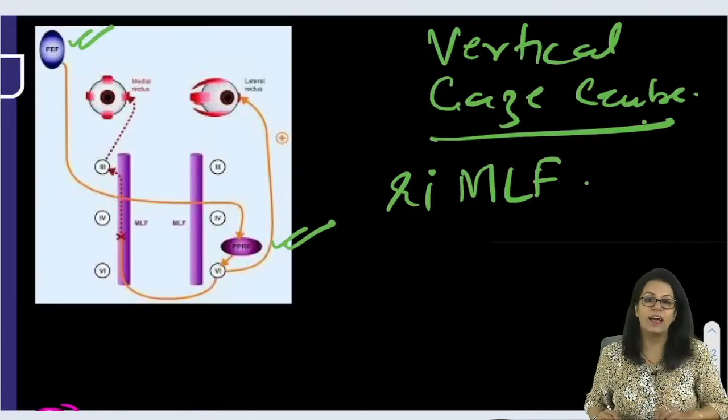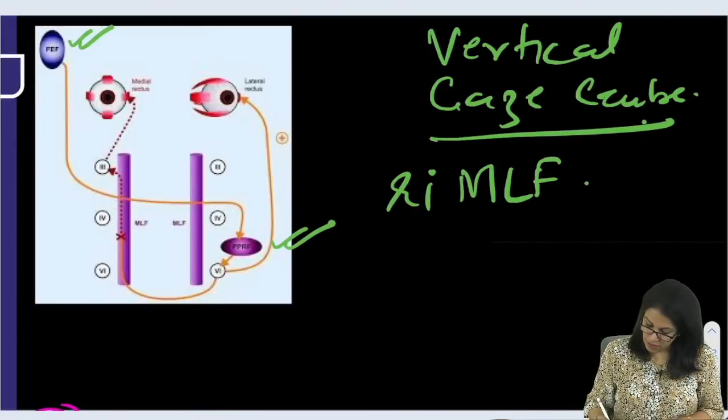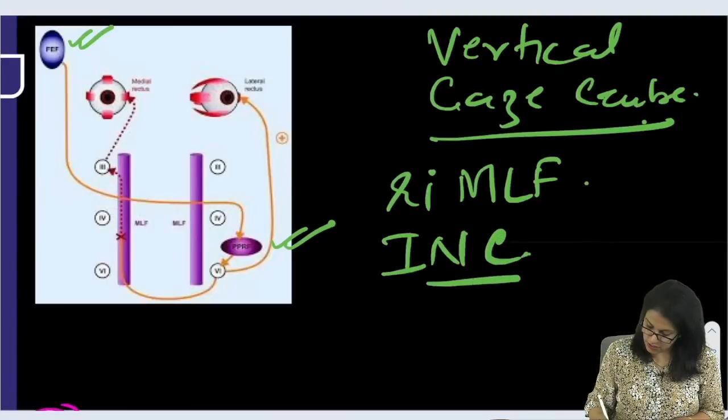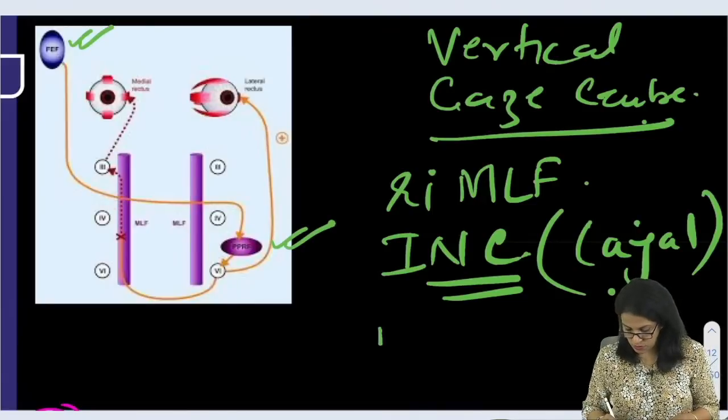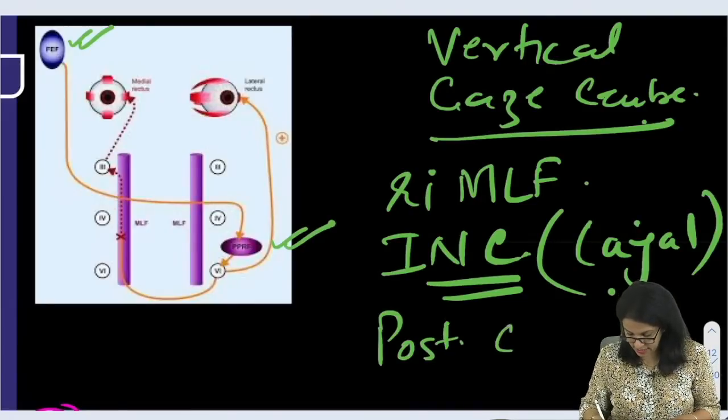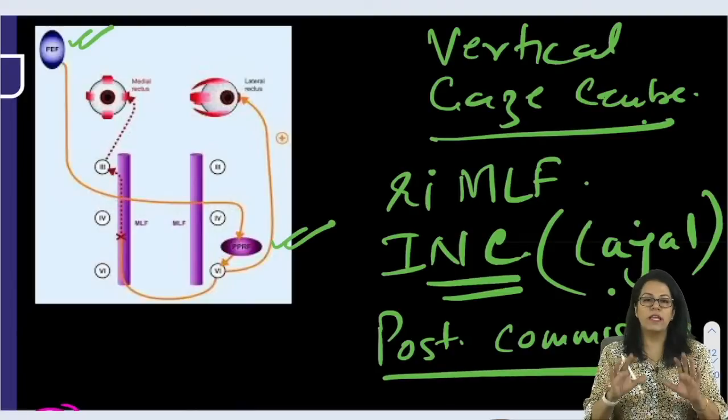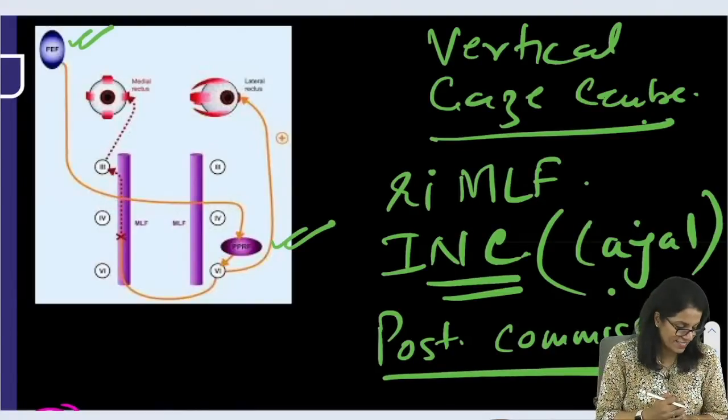Don't forget this, RI MLF, and of course INC, interstitial nucleus of Cajal, right? And posterior commissure. These are the three main components. Just we will remember this. They will only ask you the name, no details in the vertical gaze center.